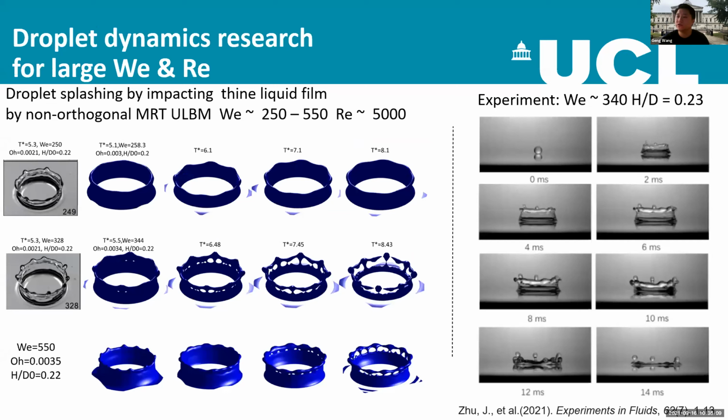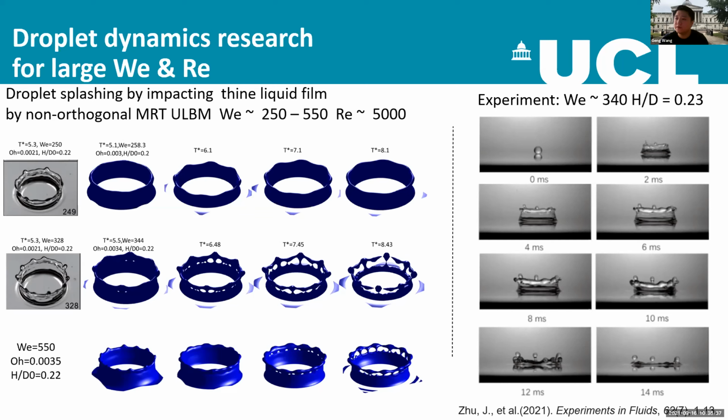Then I would like to show the ability of our ULBM in simulating droplet dynamics with large impacting Weber number and Reynolds number. The first case is droplet crown splashing when impacting a thin liquid film. This case is achieved by using the non-orthogonal MRT ULBM.